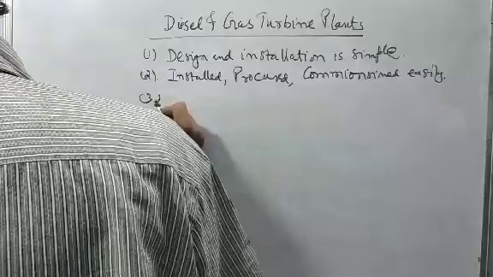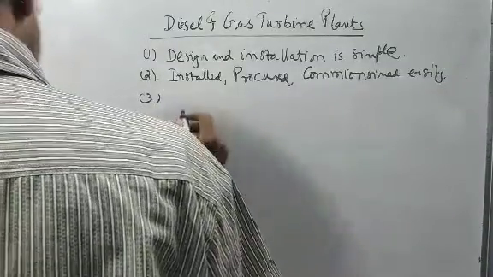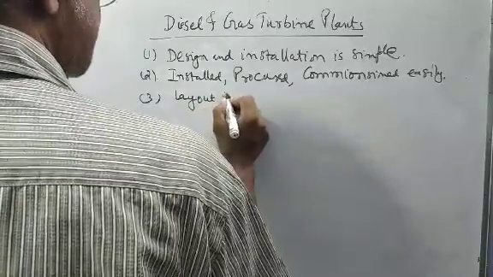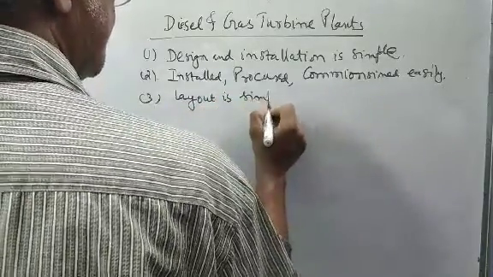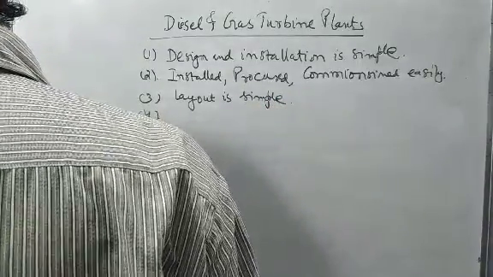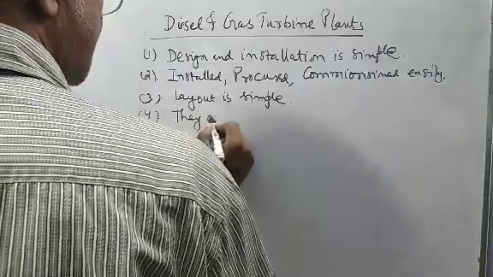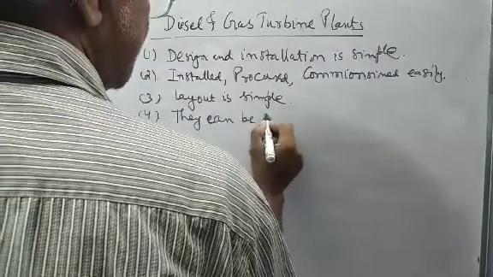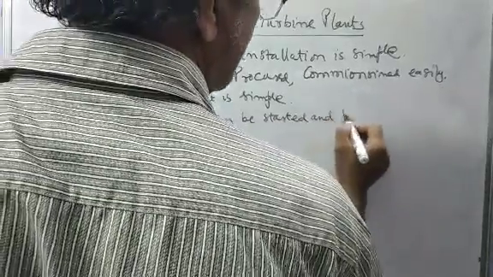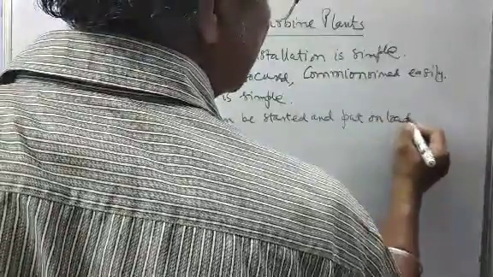Number 3, the layout, design and construction, foundation and buildings of diesel plants: the layout is simple. They can be started and put on load quickly, so they can easily carry the load.